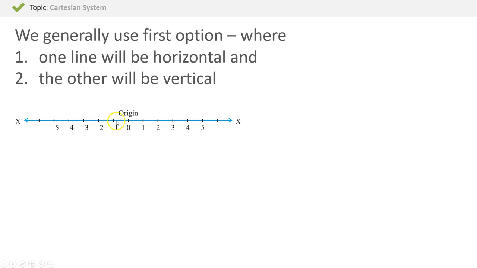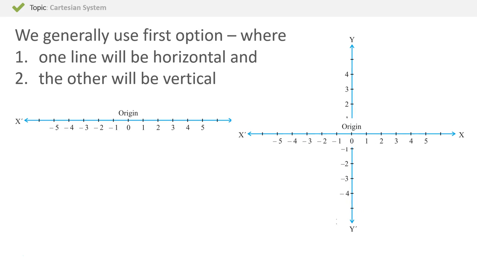The horizontal line is generally called x-axis, and you can represent this like what you see in the picture here. The vertical line is called y-axis. You can combine the horizontal line and vertical line together where they intersect each other perpendicularly, making a 90-degree angle between them.